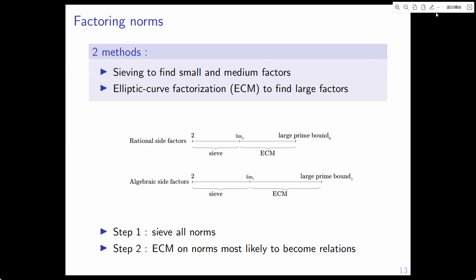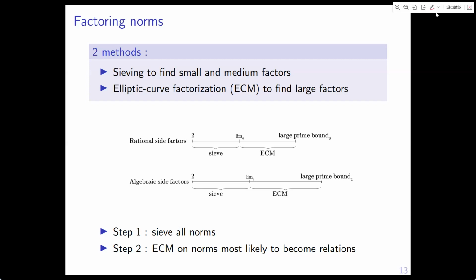So this looks like this. For instance, on the rational side, prime factors below that parameter are recovered thanks to the sieve, and primes above that are recovered with ECM. This is the same on the algebraic side with different parameters.